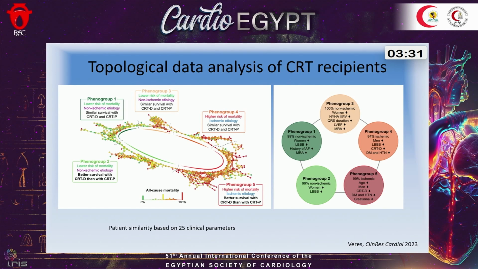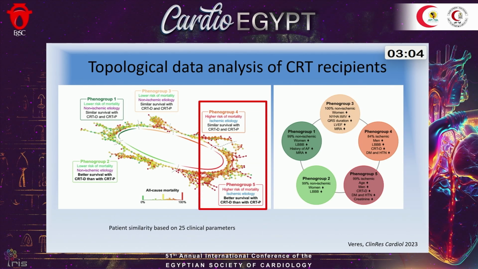So this funny picture was made by artificial intelligence, which tried to find similar patients based on 25 clinical parameters. The similar patients were collected together, and dissimilar ones were put far away from each other. There were 5 phenogroups that could be found.